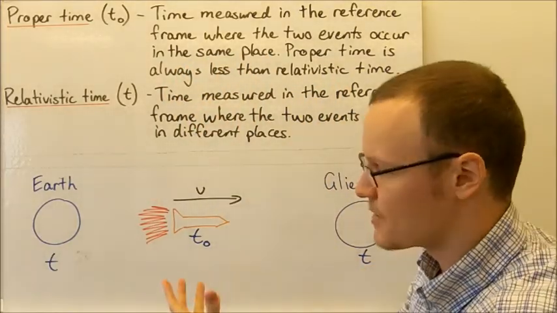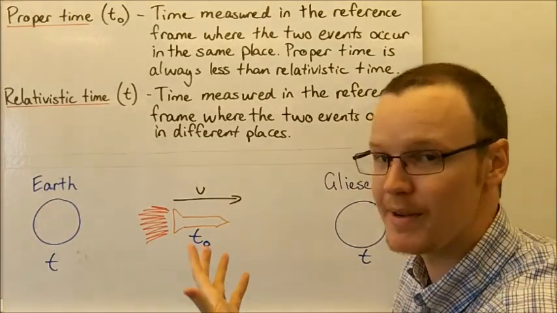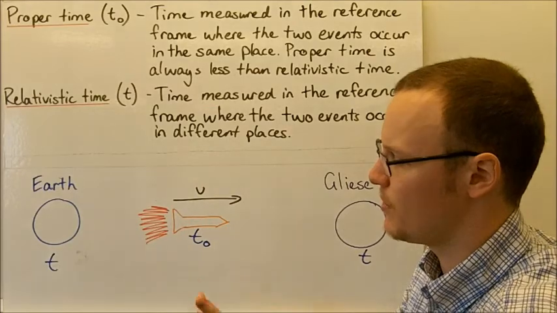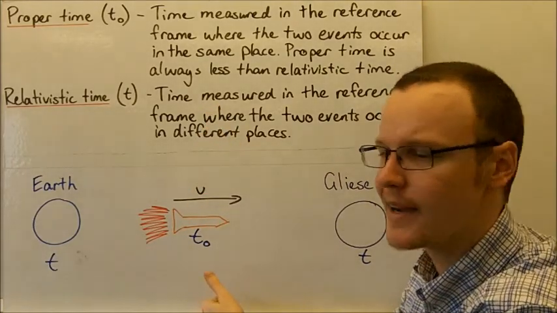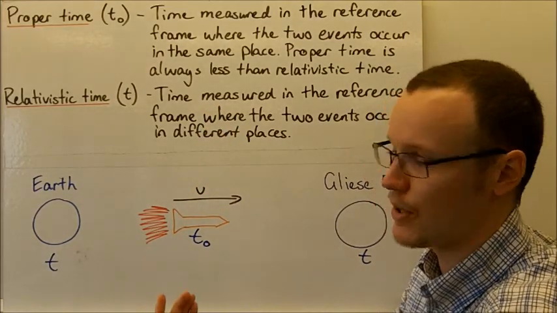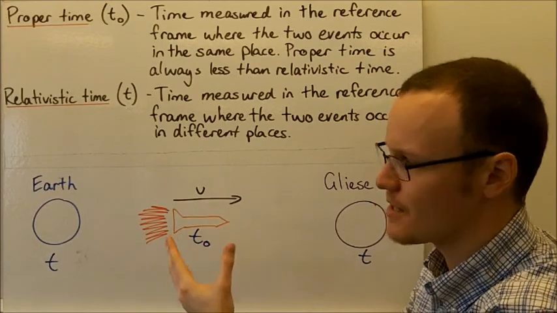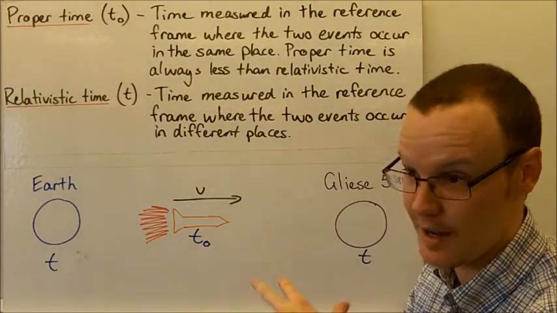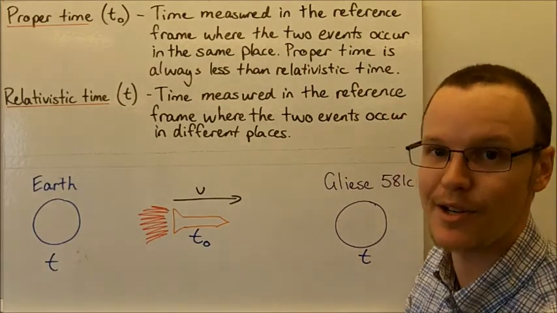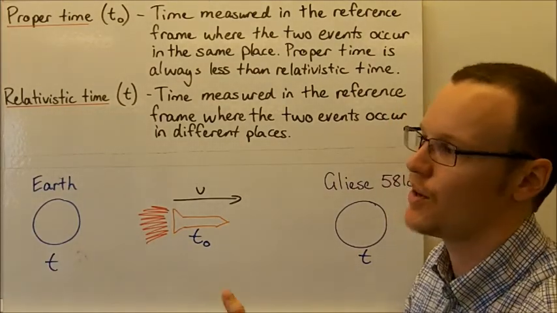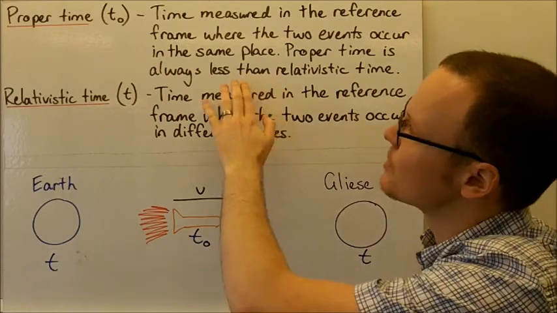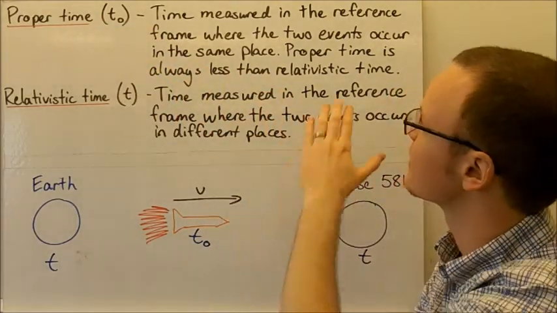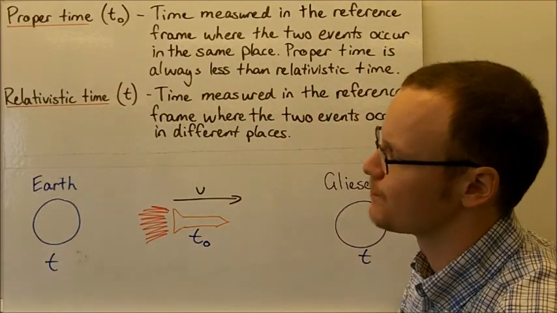The reason for that, we could see, is because with our light pulse, the distance for the light pulse to move forward and back by the light clock was much less than for the clock as appearing to the outside stationary observer. The time was much longer there. So the proper time here, t0, is less than relativistic time.